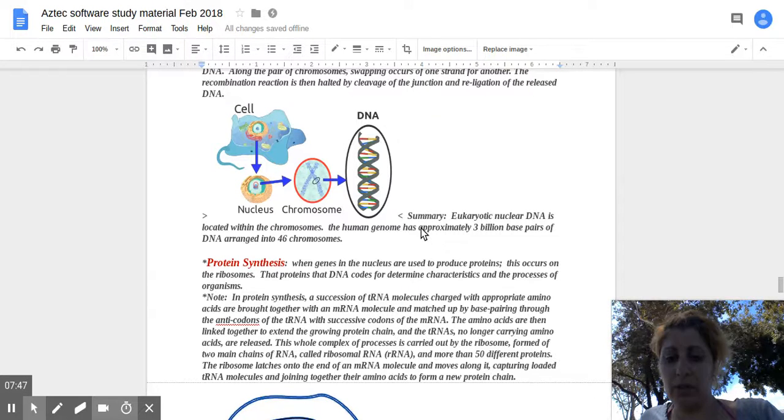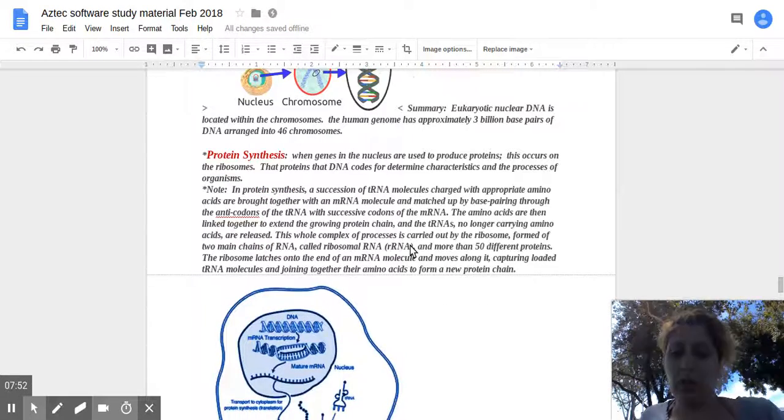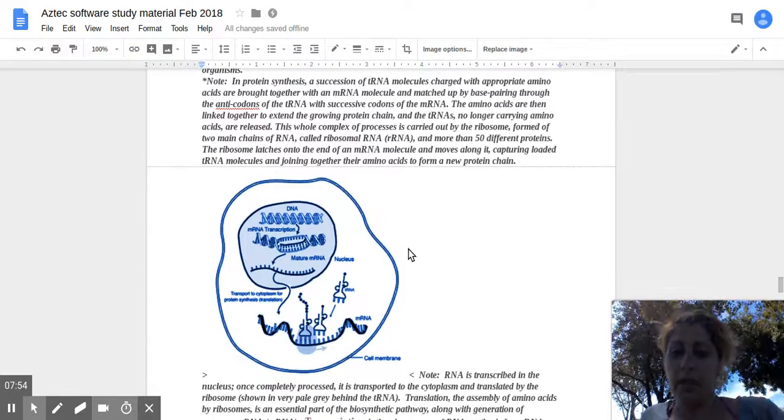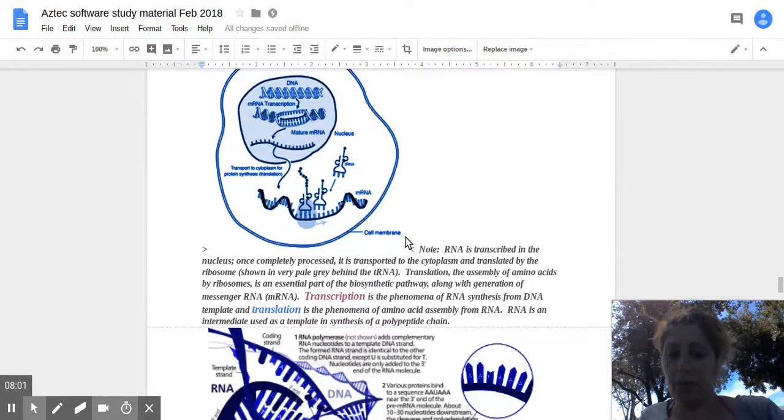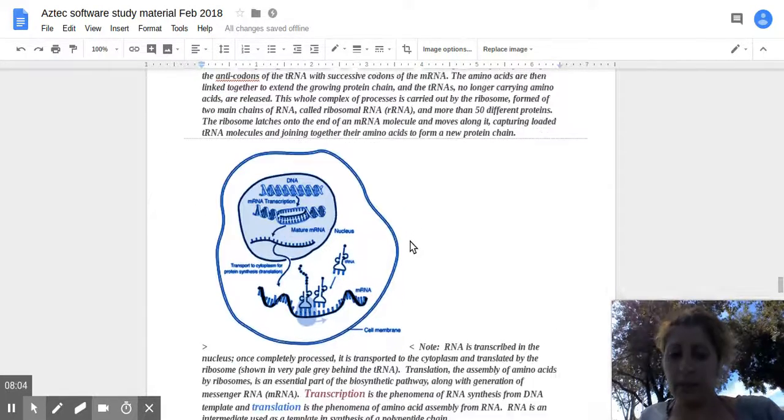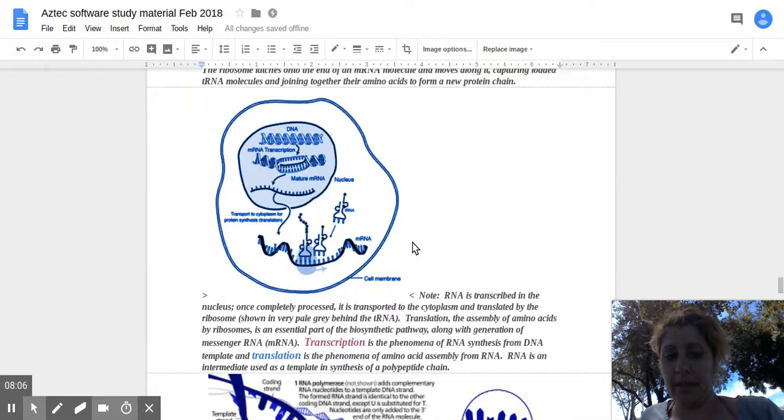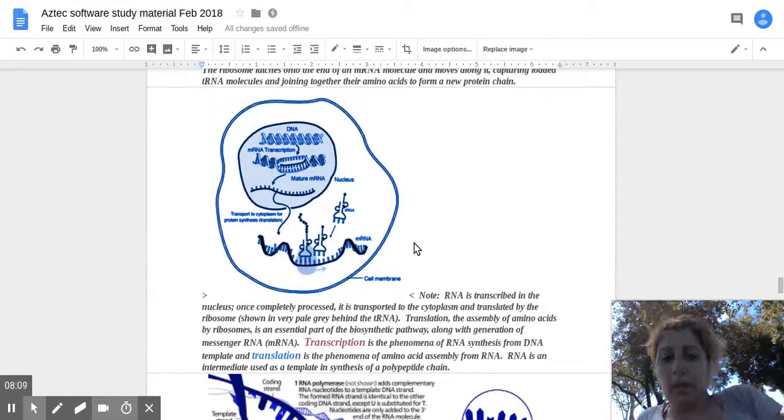The ribosome latches on to the end of an mRNA molecule, moving along it, capturing loaded tRNA molecules, joining together their amino acids to form a new protein chain. This picture is showing this process. And note RNA is transcribed in the nucleus. Once RNA is transcribed, it is transported to the cytoplasm and translated by the ribosome.